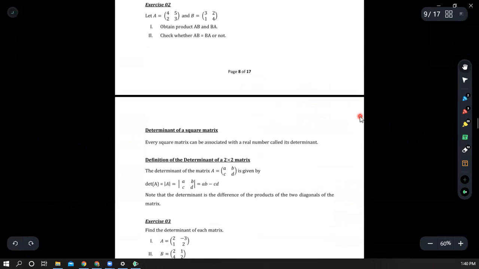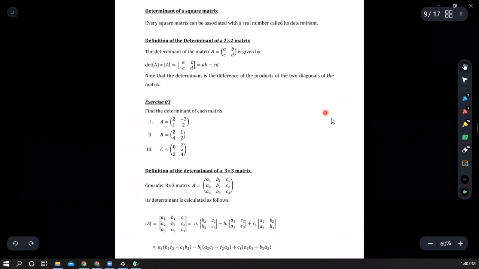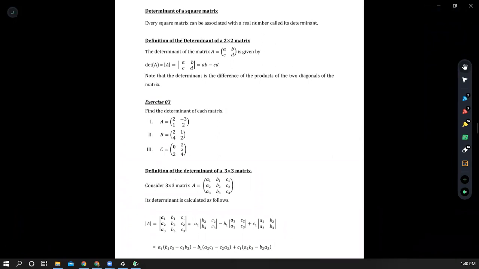And now we will move to the next part. It is the determinant of a square matrix. When discussing matrices, we learned that a square matrix is a special type of matrix having an equal number of rows and columns.